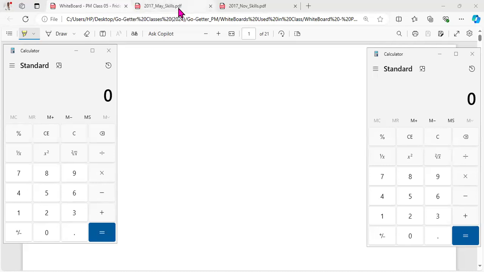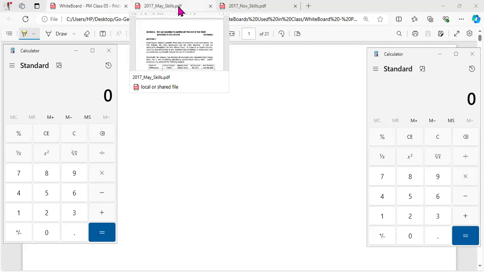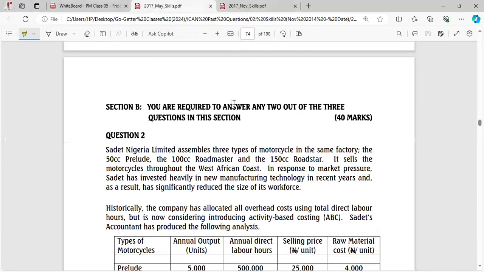The last time we had our class session, I gave an assignment, and I don't know if we can recall the assignment I gave. In a moment, I'm going to get the assignment so that it will refresh our memory on what we are expected to do.